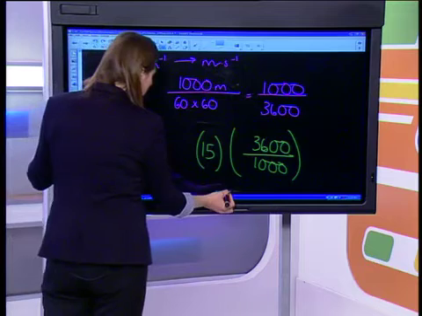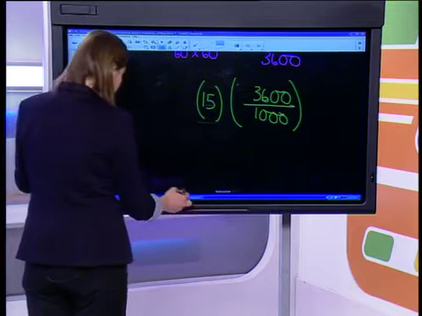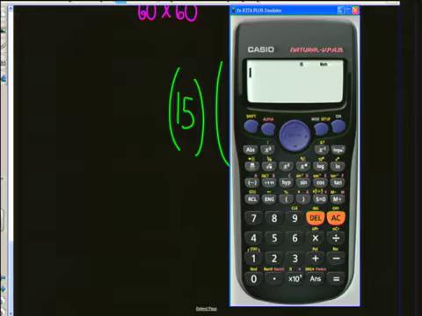Working on that, we've got our calculator out, and it would be 15 multiplied by 3,600 divided by 1,000, and it's giving us 54.